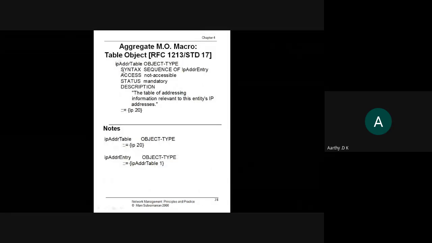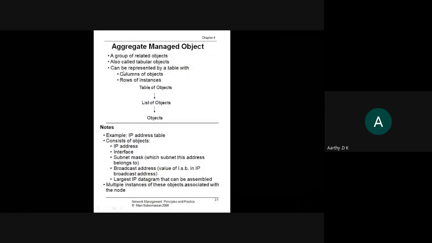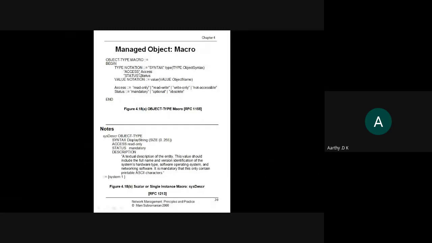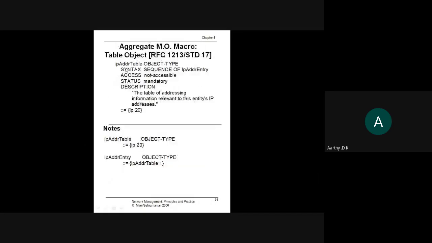The syntax that we use: here you can see this macro will define the syntax, access and status. These three things you have to specify. The syntax that this IP address table object will follow is sequence of. Sequence of means it is a group of something. Which kind of grouping is it going to follow?